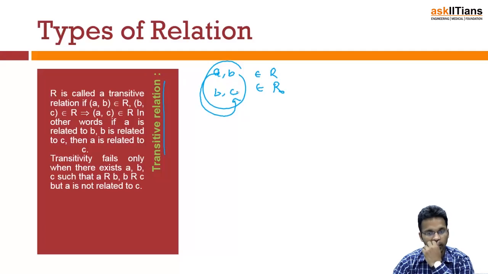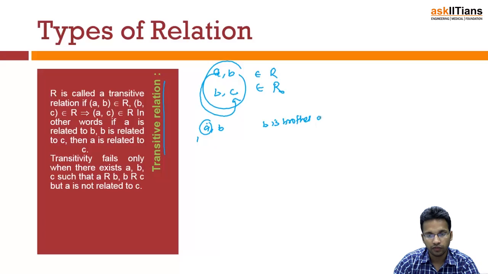Now let us look at writing the relation, depending on the definition. If I am saying B is the brother of A, and then B comma C, then I am saying C is the brother of B. Now if I write A comma C, this should be present.